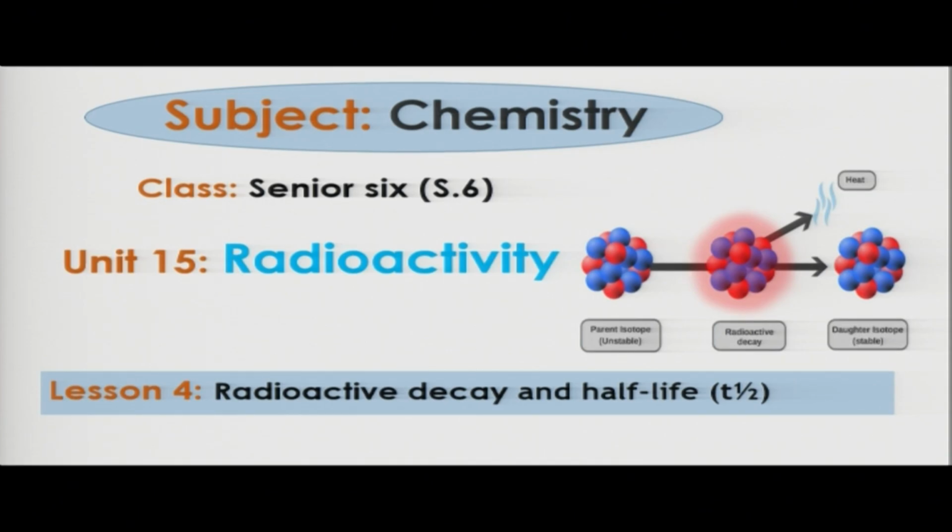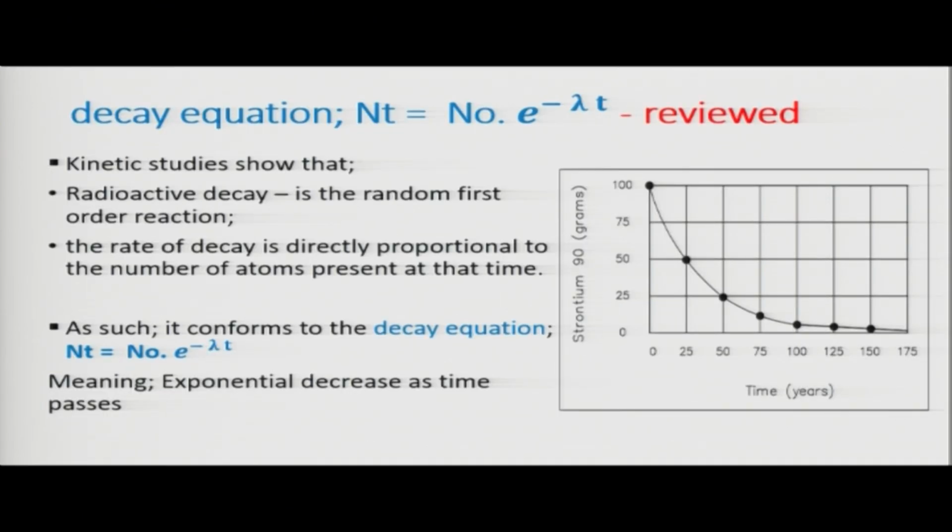I hope we are fine and still moving on. To take a quick recap on what we looked at in the previous lesson, we looked at the integrated decay equation, NT equals N naught exponent negative lambda T. And we derived it and did a few examples, but in general, what does it imply?